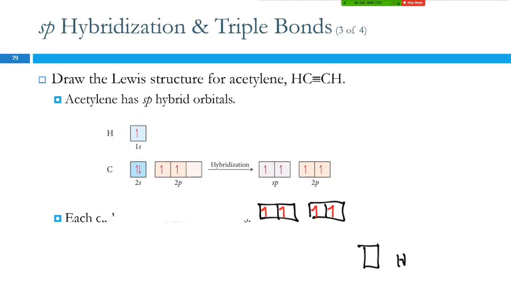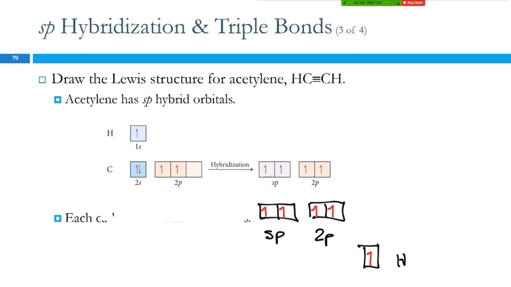So this is my hydrogen, sp, and regular p orbitals. Try not to push the wrong button this time. So we've got a lot of half-filled orbitals here.